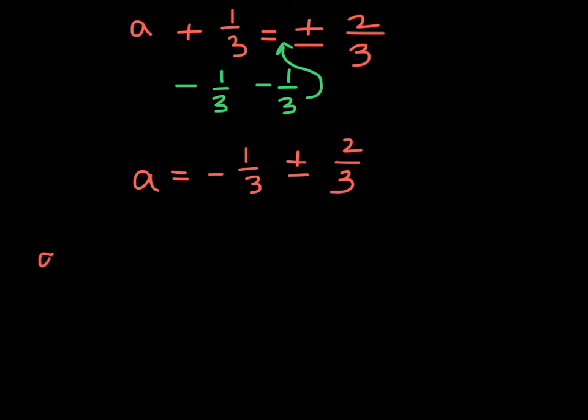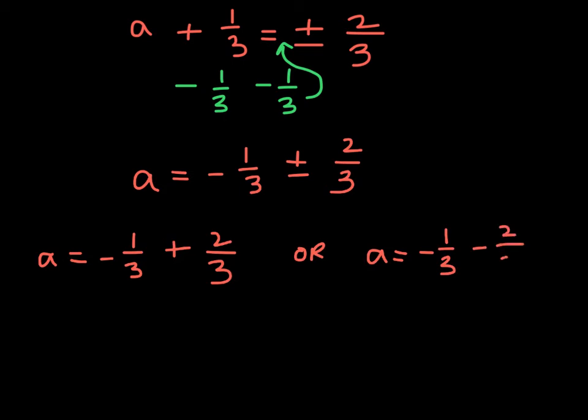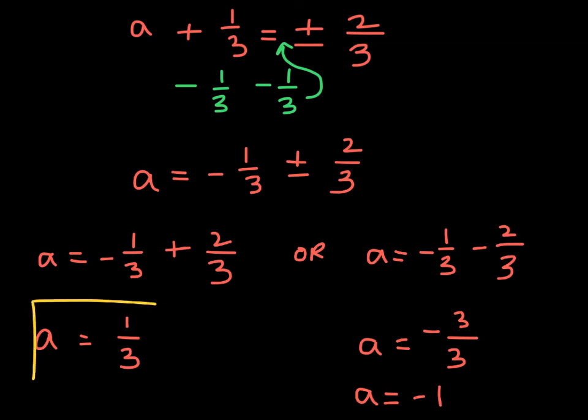This means a is equal to negative 1/3 plus 2/3, or a is equal to negative 1/3 minus 2/3. So either your solution is positive 1/3 or negative 3/3, which is negative 1. And these two solutions here are two rational solutions.